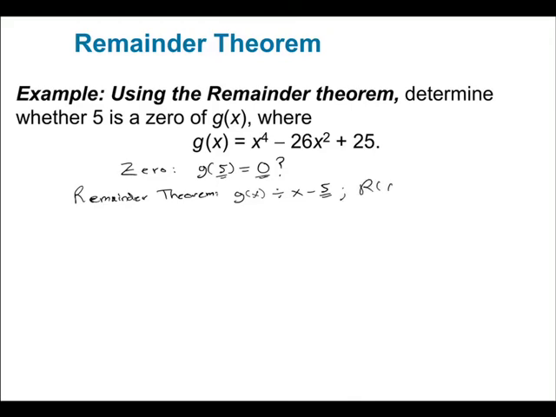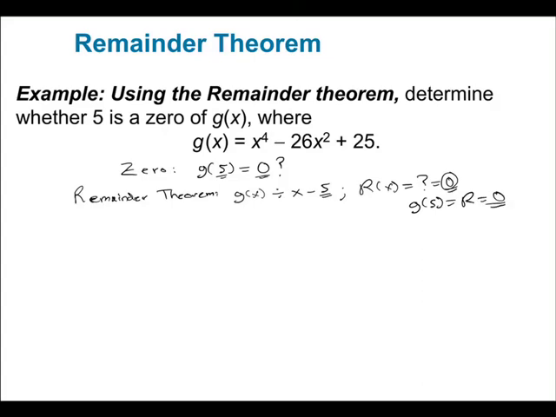Does the remainder equal 0? If it equals 0, then it's a 0 of the polynomial. So we need the output to be 0, so the remainder needs to be 0, because g of 5 equals the remainder, which would equal 0. So let's see if that's true.